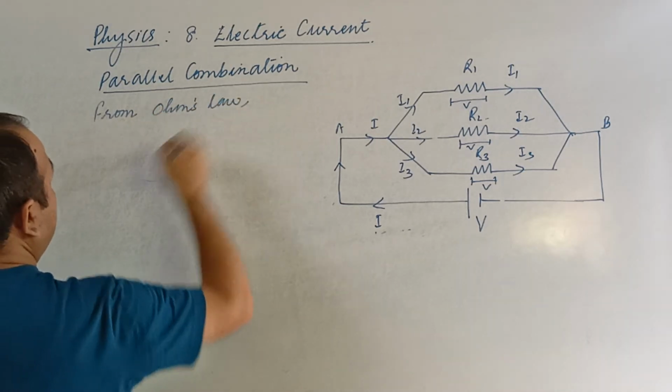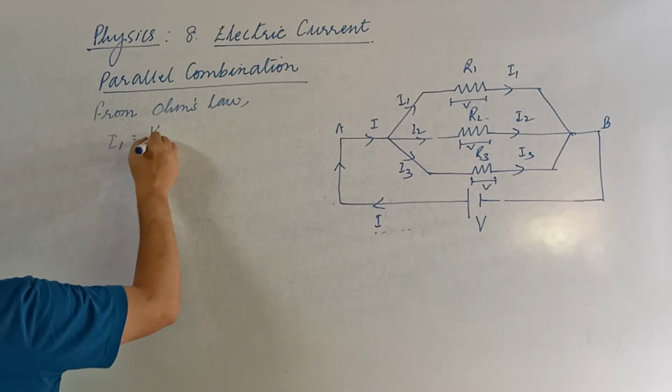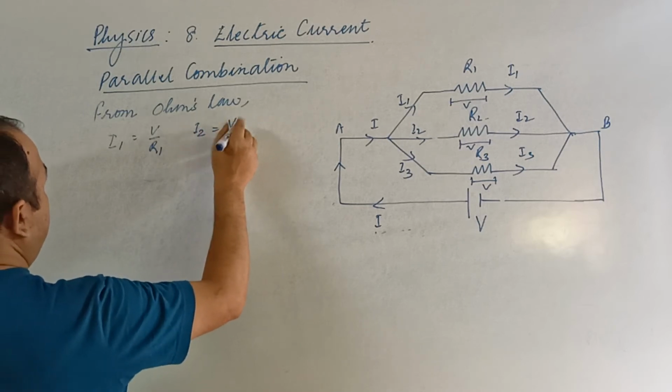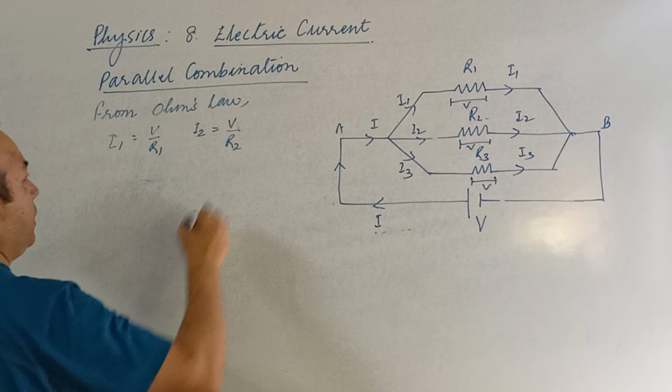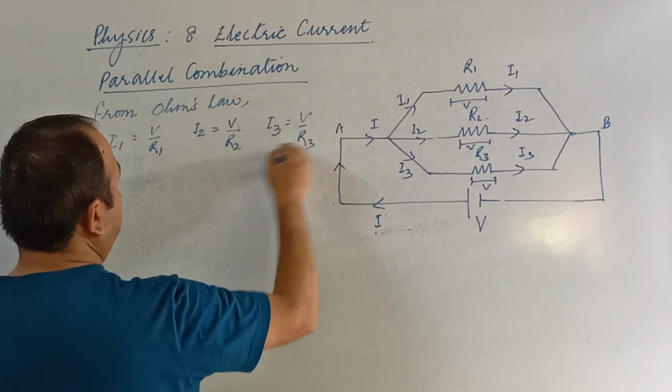I1 is equal to V upon R1, I2 is equal to V upon R2, and I3 is equal to V upon R3.